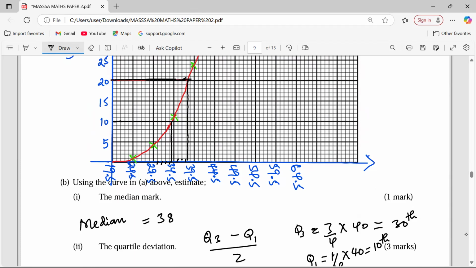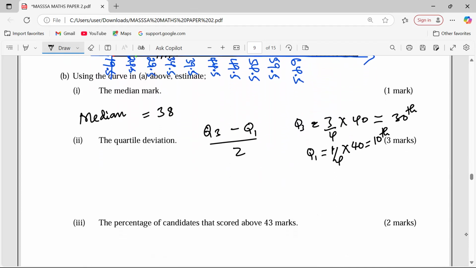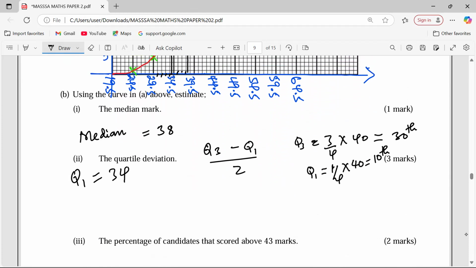So we are not adding a full mark, we are adding a half to 33.5. We add a half and we get exactly 34. So Q1 equals 34 marks.